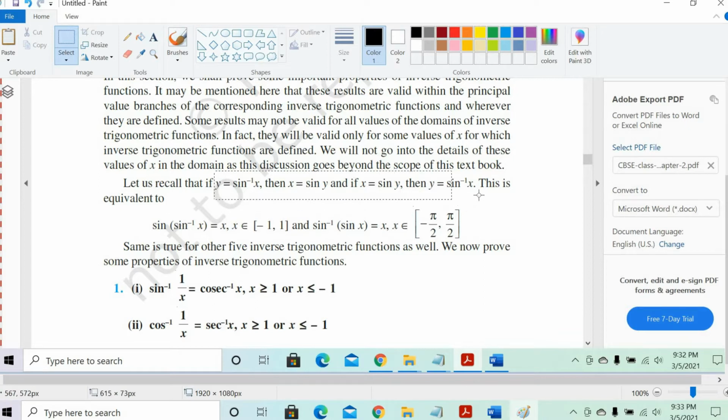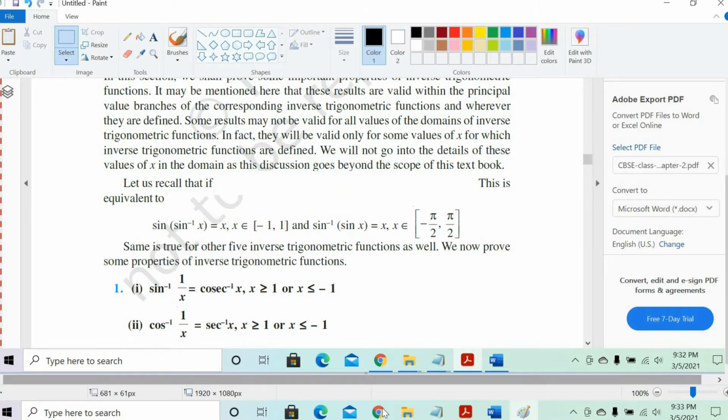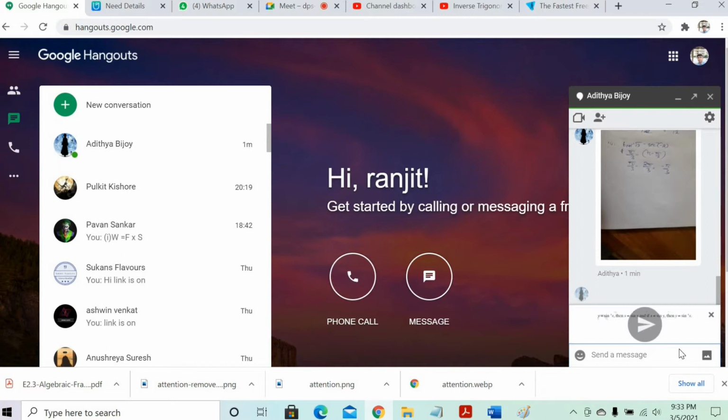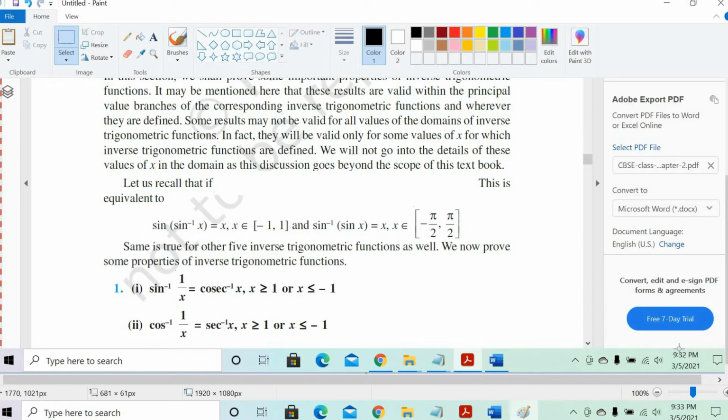And this is the thing which we need to understand here. Rest of everything is self-explanatory, not to worry about as such. Sine inverse x is y, then sine inverse goes to the other side and becomes sine y. So x is equal to sine y. If x is equal to sine y, then y is equal to sine inverse x.